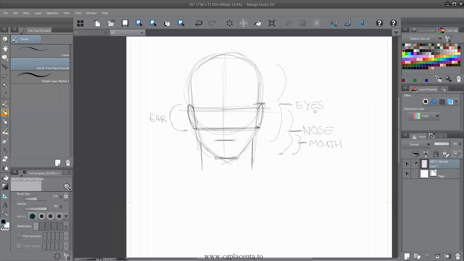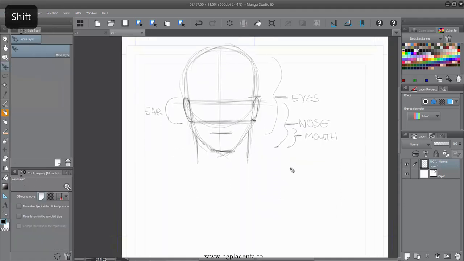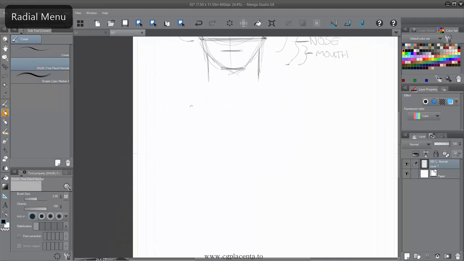So eyes at halfway, nose at the next halfway, mouth roughly at the next halfway, then you should be able to structure it pretty accurately. So the same thing would be for a head that is in all the other views. Let's quickly do a side view.